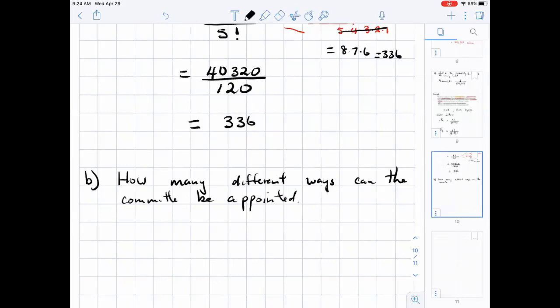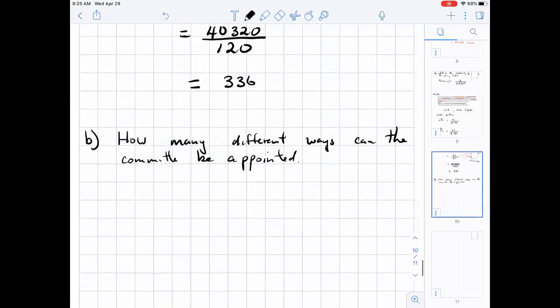So the big question here, once again, is does order matter? Meaning, for example, can the president be in the committee? The vice president, can they be in the committee? That's a big question that we have to ask ourselves.